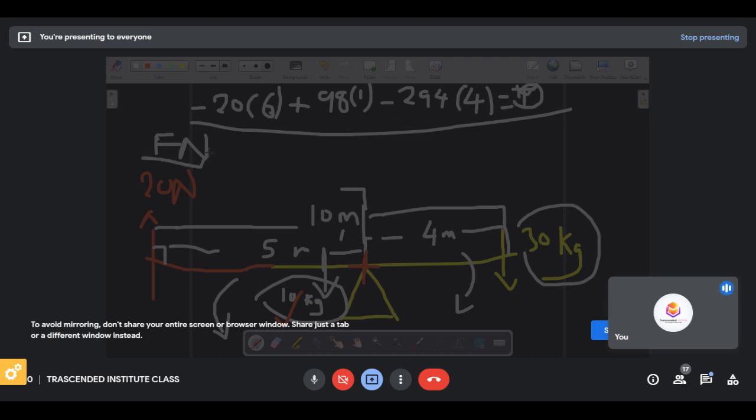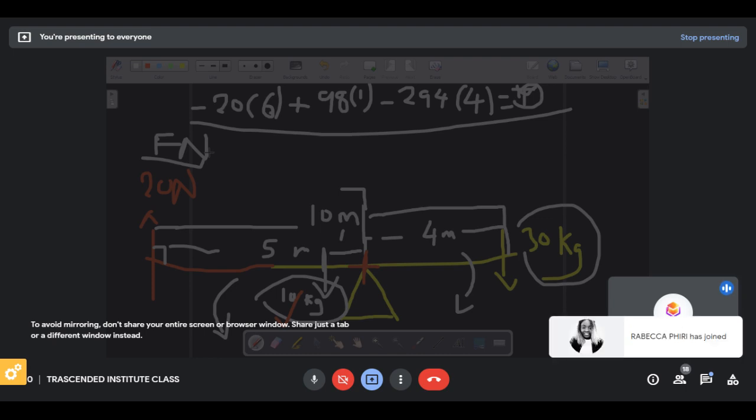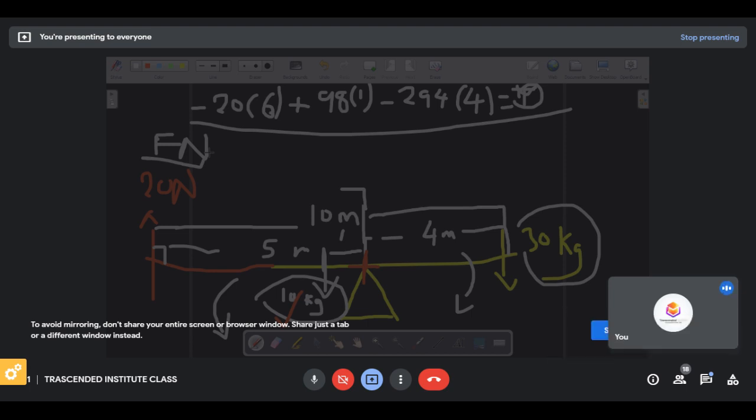Some questions will require you to use both the forces and the torques. The other equation that we add can be used together with this one to find the unknowns.